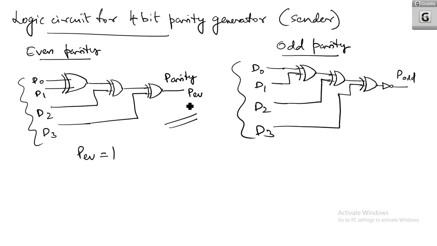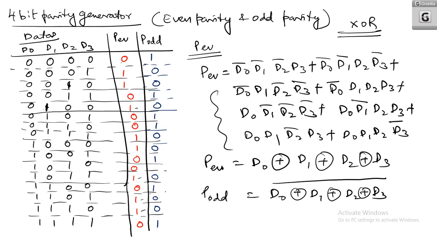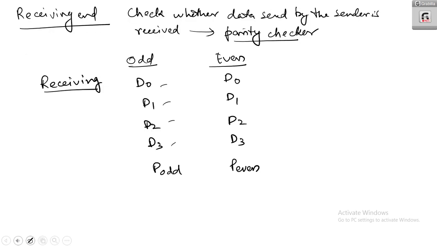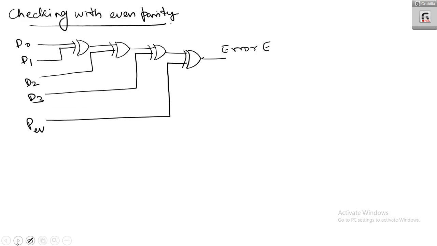If even parity is 1, what happens? And if even parity is 0, what happens? That is the question.